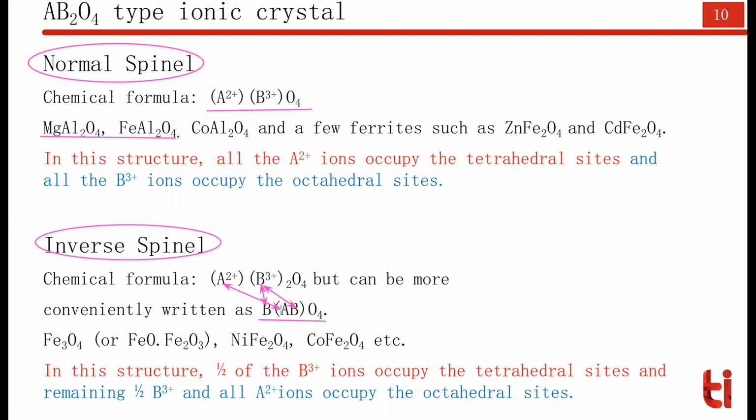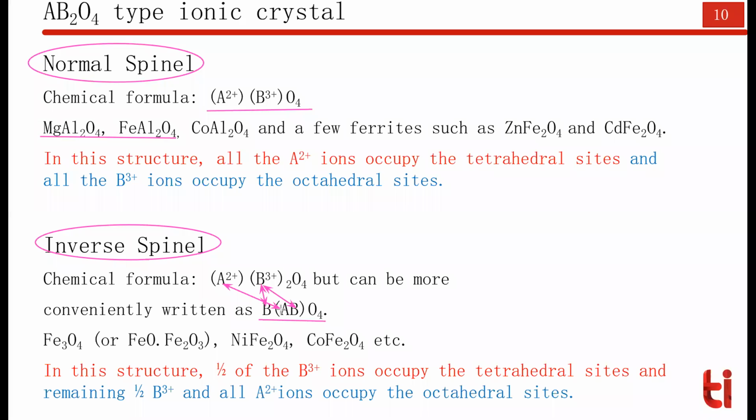Yes, sir. Okay, so the typical example is Fe3O4. Remember, in this Fe3, you have one of the Fe as +2 and the remaining 2 Fe as +3, because your formula is A2+ B3+ O4. Then nickel ferrite NiFe2O4, cobalt ferrite CoFe2O4.